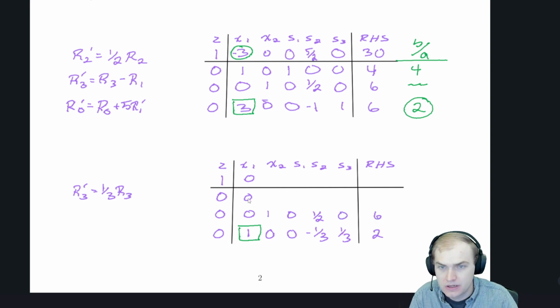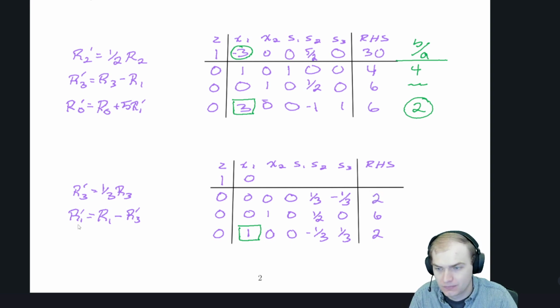Row 1 though, we're going to have row 1 prime is row 1 minus row 3 prime. Gives us 0. That's unchanged. That's unchanged. 0 minus negative 1/3 is positive 1/3. And that's going to be negative 1/3. And 4 minus 2 is 2.